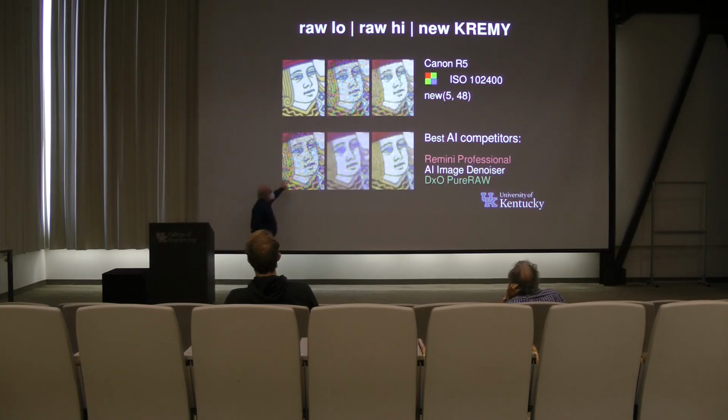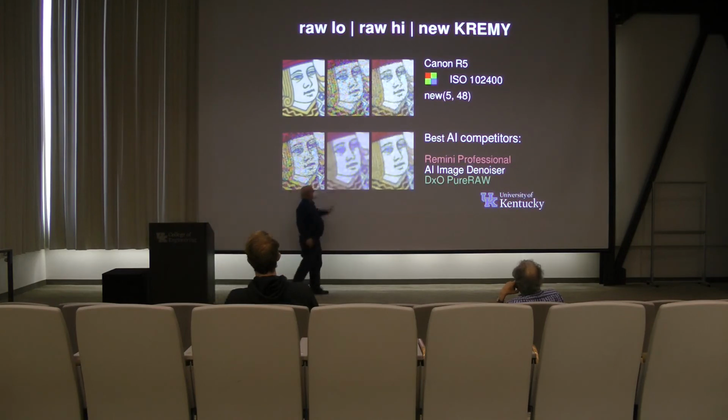This is what was done by Remedy Professional, which is a commercial product. I actually went through trying something like 30 different commercial smoothing products that are all using AI algorithms. Remedy was one of the best ones, believe it or not. And if you look at this, basically all that it did was it essentially detected most of the noise as edges and enhanced the edges. Really not a very effective repair.